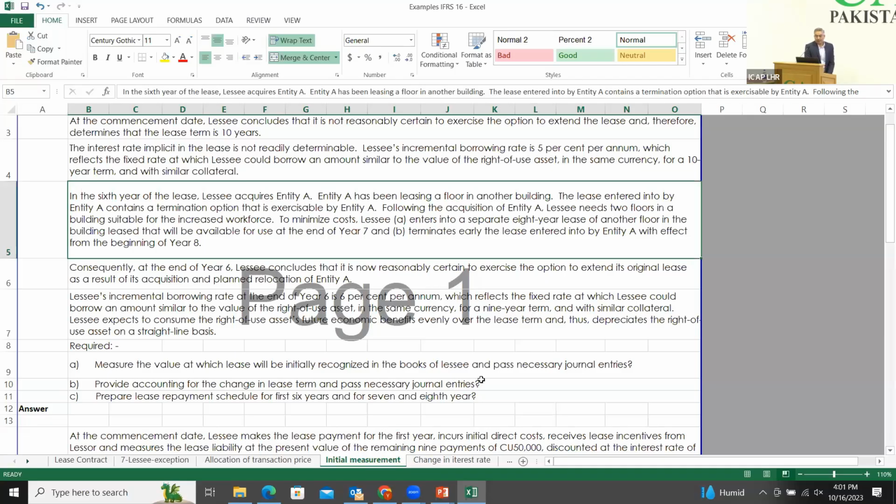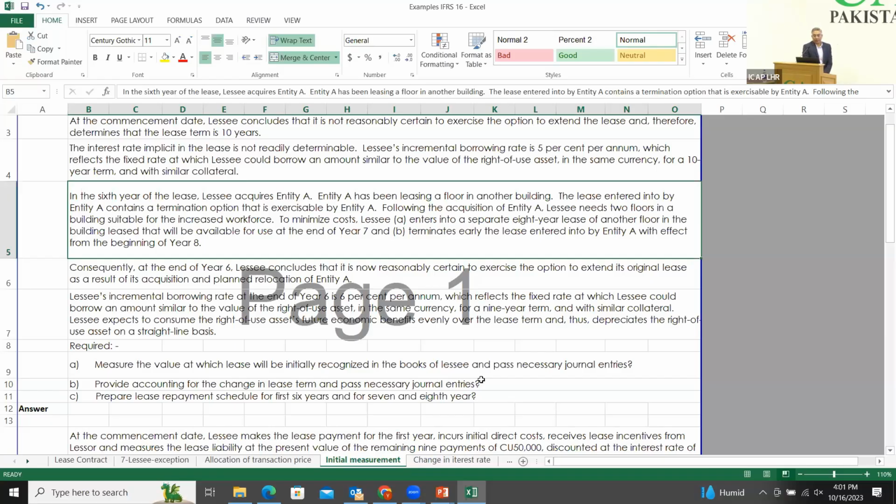The lease entered into by entity A contains a termination option that is exercisable by entity A. Following the acquisition of entity A, lessee needs 2 floors in a building suitable for the increased workforce. To minimize the cost, lessee enters into a separate 8-year lease contract for another floor in the building leased, and that will be available for use at the end of year 7. That is basically for its subsidiary.